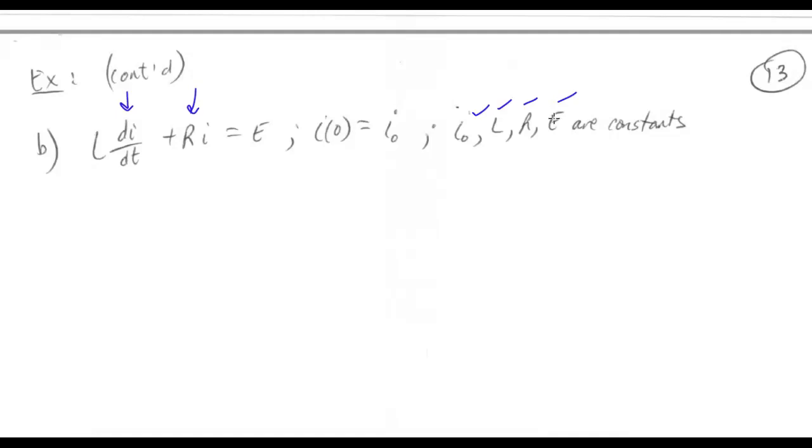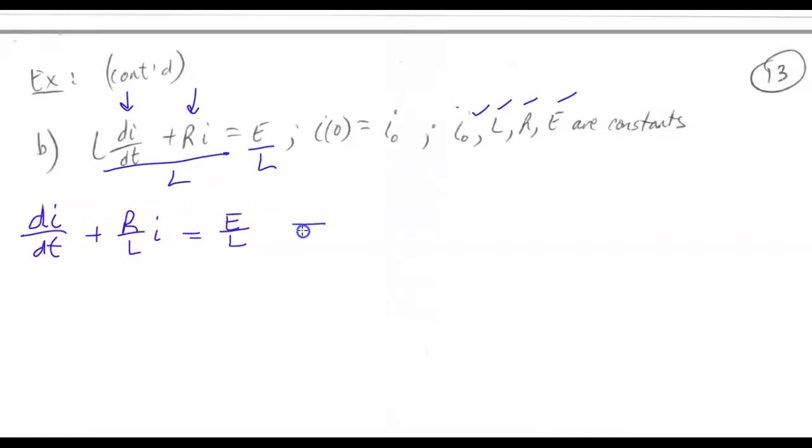Now, we don't really have to know about that to do this particular problem. The only thing that we do need to know about is the fact that we recognize that this is a first order linear ODE, and we can do that by dividing both sides by L here. And if we do that, we see that we get di over dt plus R over L i equals E over L. And remember, R, L, and E are all constants here.